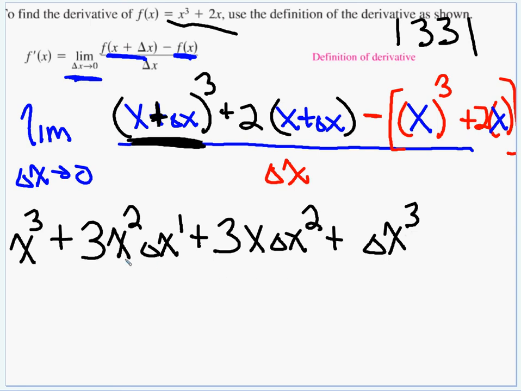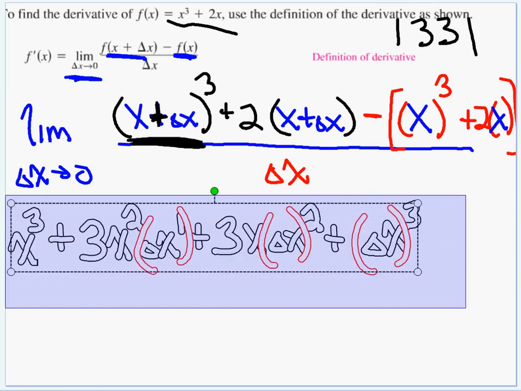I did write way too big, but it looks good. Also, what helps me, especially when we're canceling stuff later, is I sometimes put my delta x's in their own sets of parentheses, just so they stick out. They won't blend into the x's that I write.